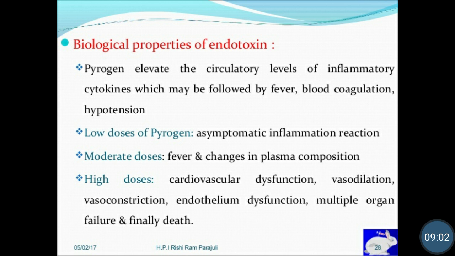Okay, if pyrogens enter the body in a low quantity, then as such we don't see any symptoms, or an asymptomatic inflammation reaction occurs there. Again, at moderate doses it may produce fever and changes in the plasma composition, and at high doses they may lead to cardiovascular dysfunction, then vasodilatation, vasoconstriction, then endothelium dysfunction and multiple organ failure and finally death.